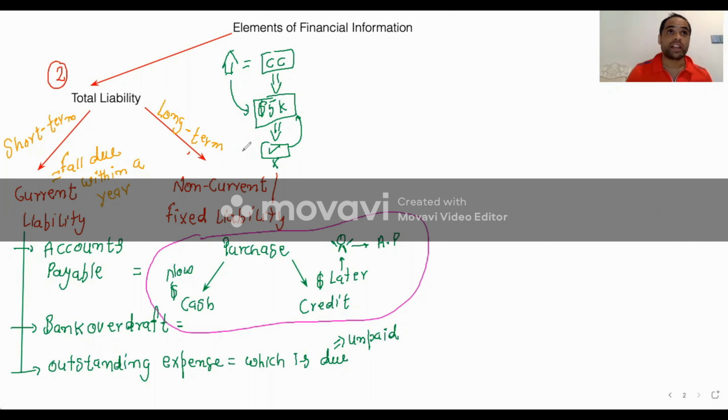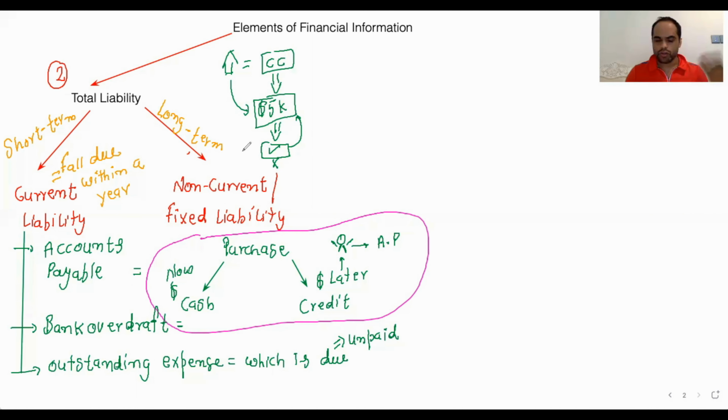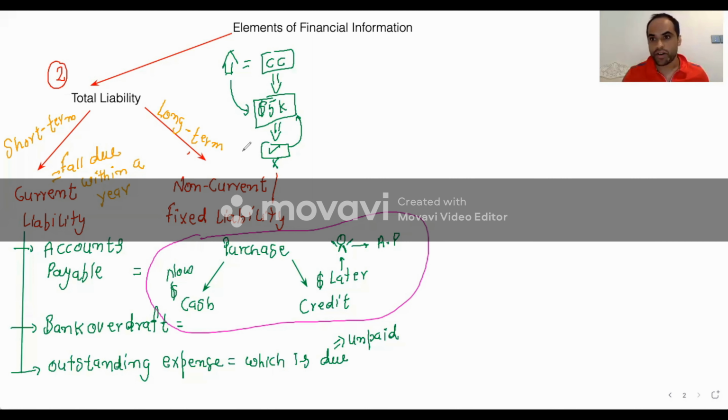Take your tuition fee. If you pay your tuition fee on time, that's not your current liability. That's simply your expense, study expense, or school fee. But if you do not pay your tuition fee on time, then this is not your regular expense. That regular expense becomes your current liability.